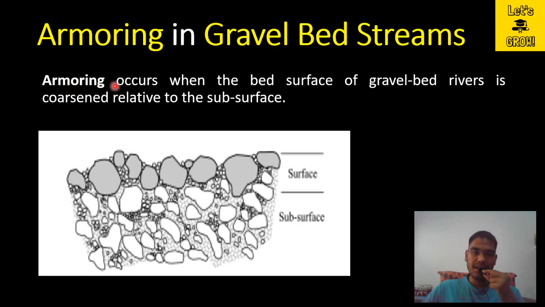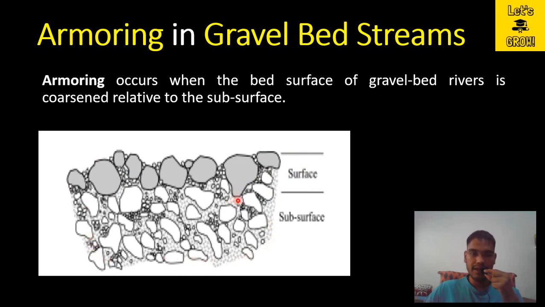Armoring occurs when the bed surface of gravel bed rivers is coarsened relative to the subsurface. Suppose this is the bed level of a river or stream. Here you can see the surface layer particles, and below them there are particles of the subsurface layer.